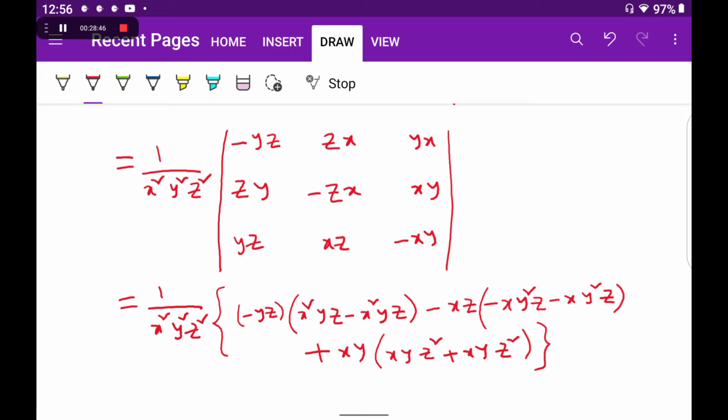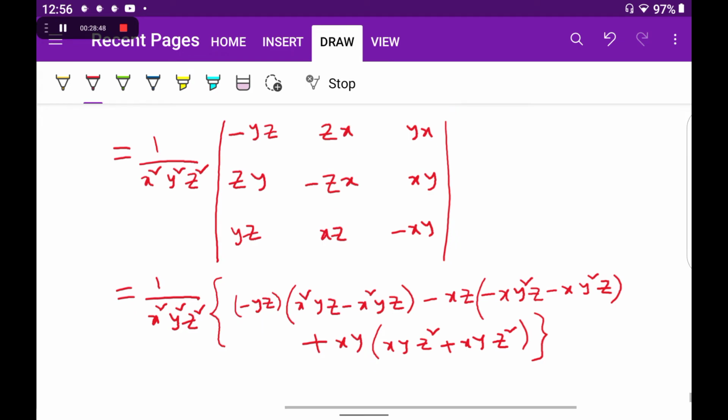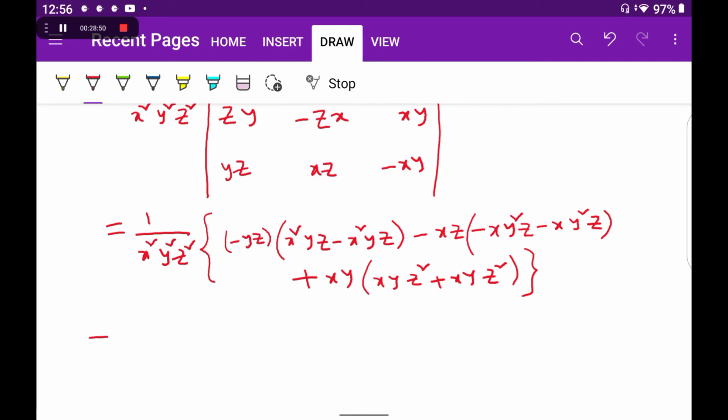So in the first one it is cancelled, 1 by x square y square z square into minus 2xy square z into xz.